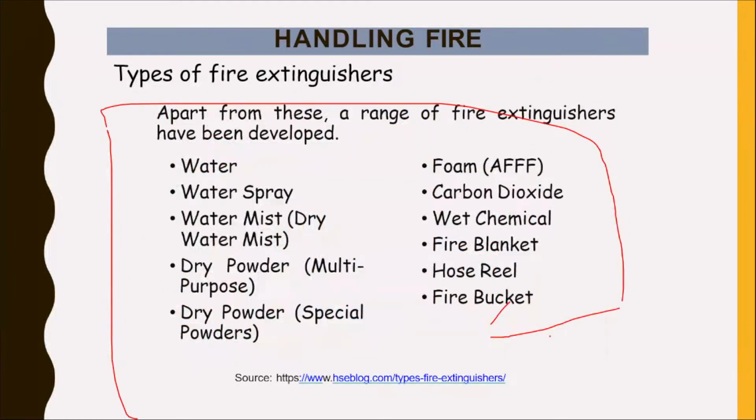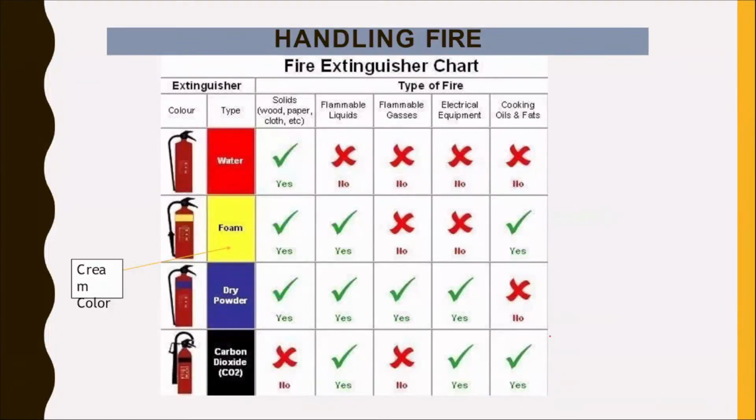You may have seen this fire extinguisher chart, which shows what type of extinguisher is suitable for those five types of fire: class A, class B, class C, class D, and class K. You can see for class A the suitable one is water.